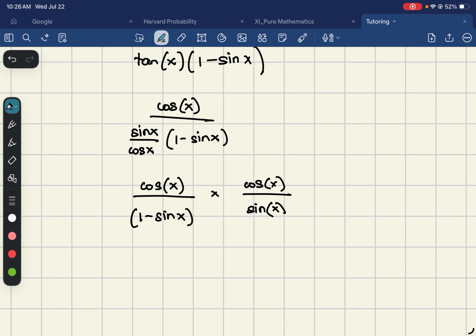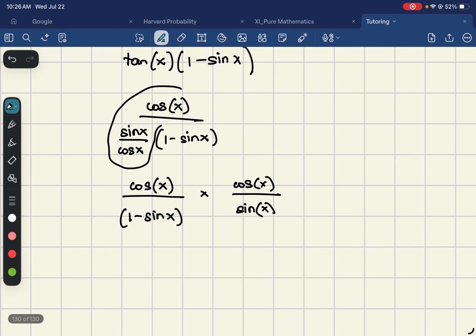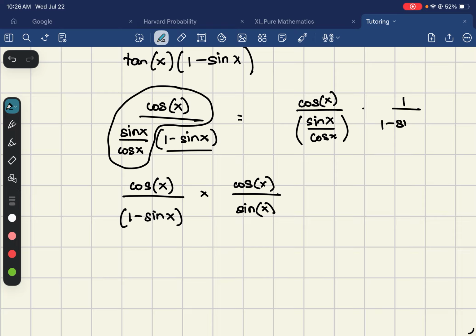Now, how does this simplify to this? Well, I can think of this part as follows. I have cos x, and I'm dividing it by sine x over cos x, and then I'm multiplying by this, 1 minus sine x.